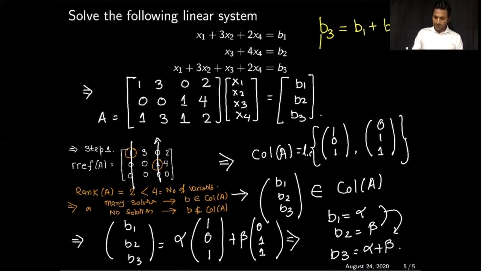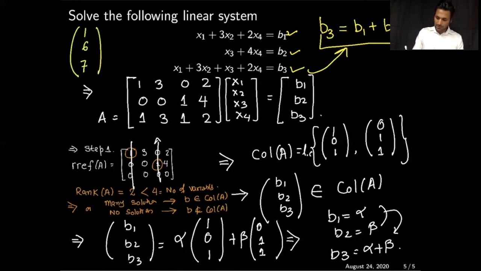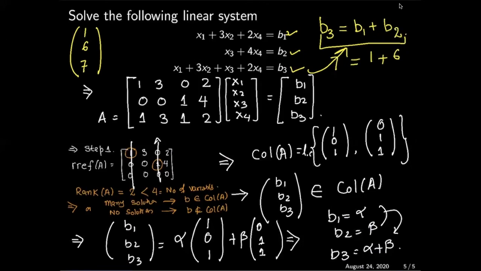So if the right hand side elements b1, b2, b3 satisfy this condition, that means the right hand side vector belongs to the column space of the matrix. For example, if I choose b1, b2, b3 as 1, 6, 7, because 1 plus 6 is equal to 7, then this will give me many solutions.